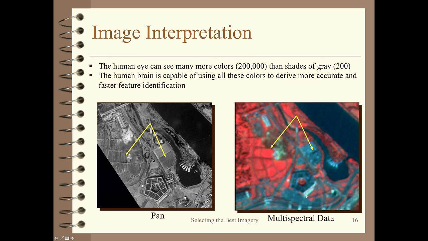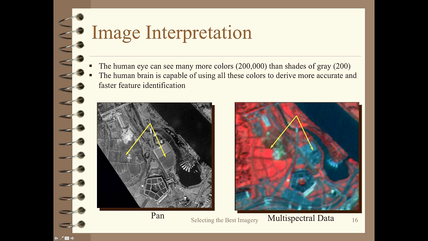You come over here to the multispectral data, and we've lost some spatial resolution. Maybe this is 5-meter pixels and this is 20-meter pixels. I'm not exactly sure, but you can still make out the Pentagon, right? But look what happens here.